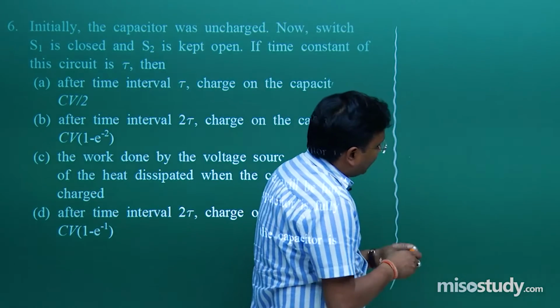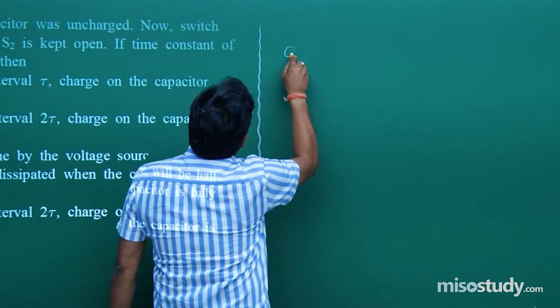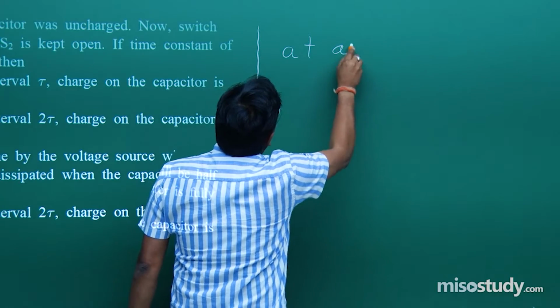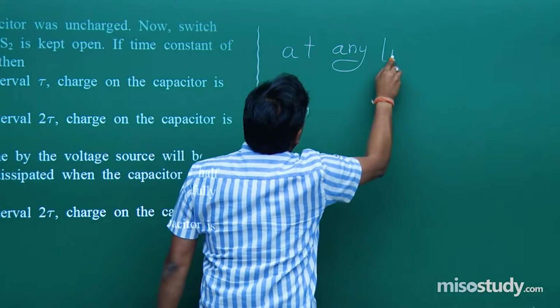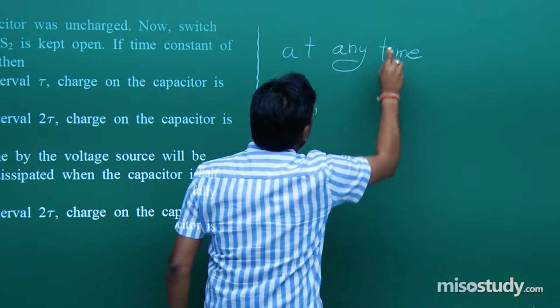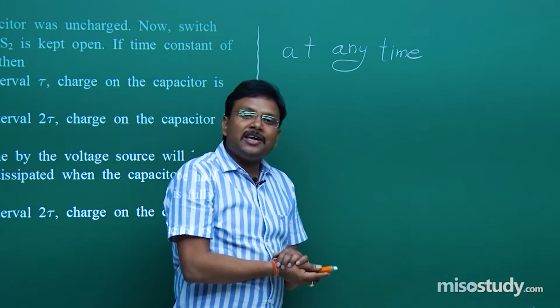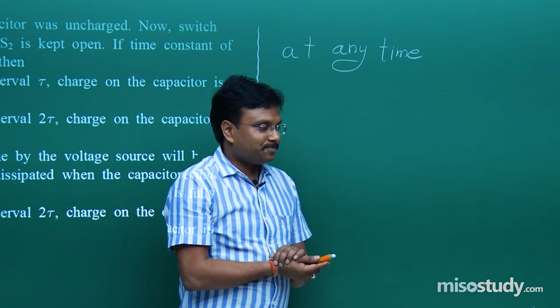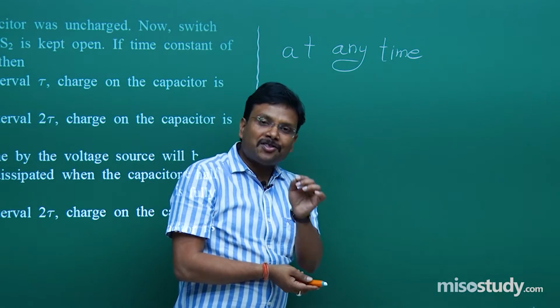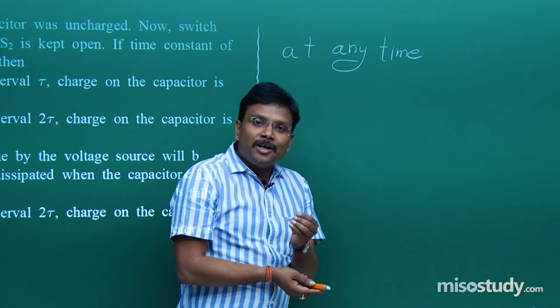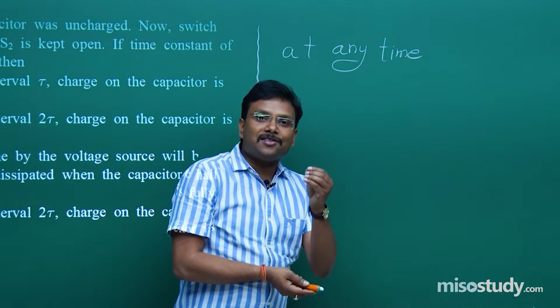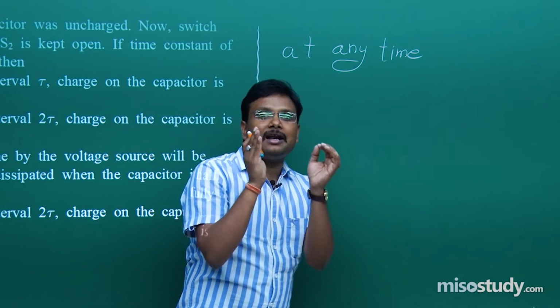Now, what exactly is the process? At any time, one thing you can say about this problem, and this is the beauty of JEE Advanced pattern questions: not even a single question is solved from a single approach.